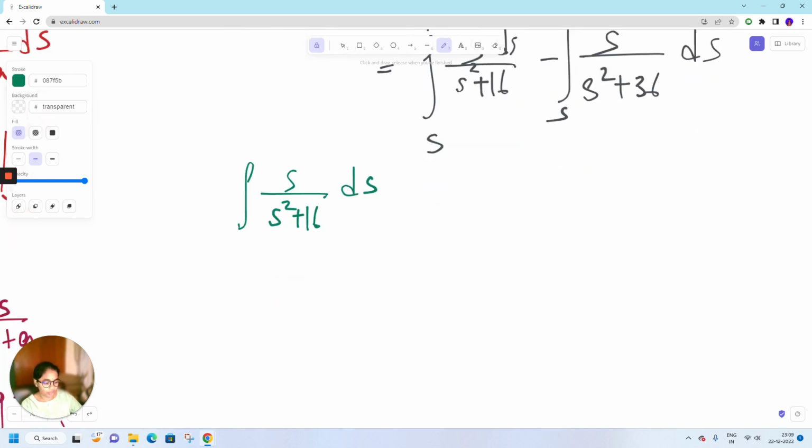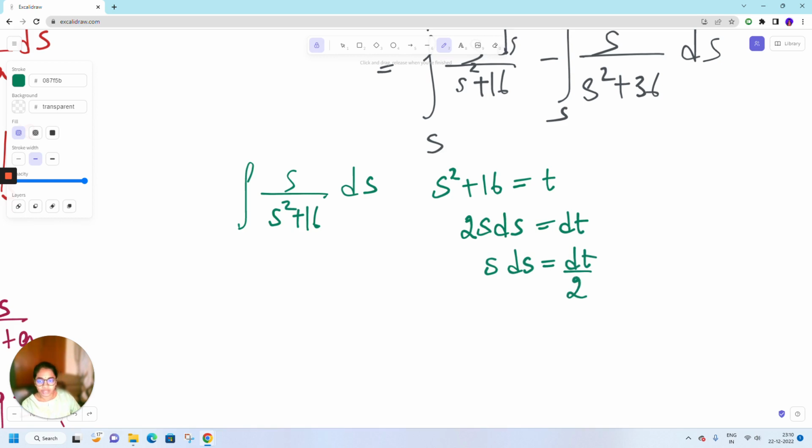Let me use something called the substitution method. What is the substitution method? I'll take s square plus 16 as, say, t. Now after differentiating I would get 2s ds is equal to dt. Okay, now s ds is equal to dt divided by 2. Let me substitute.